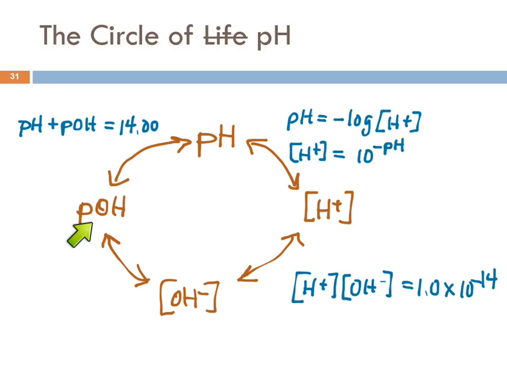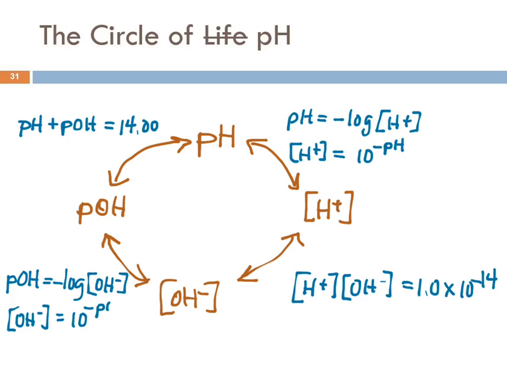And then what about this, pOH and OH? It's these same equations, but with OH instead. So pOH is the negative log of the hydroxide ion concentration, and the hydroxide ion concentration equals 10 to the minus pOH.